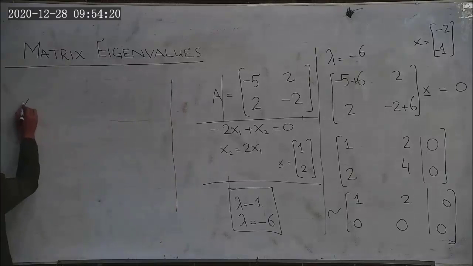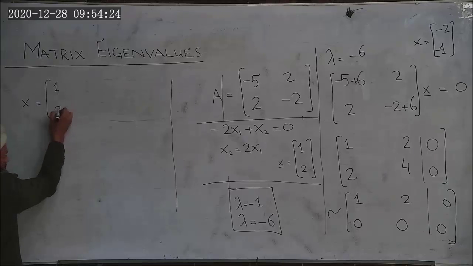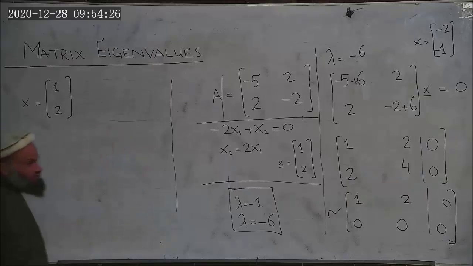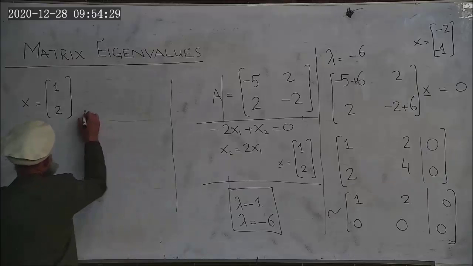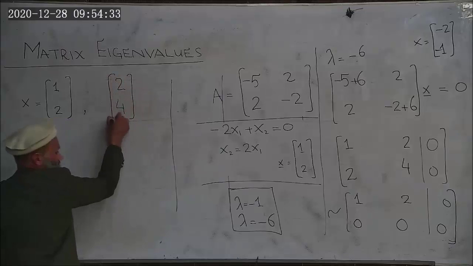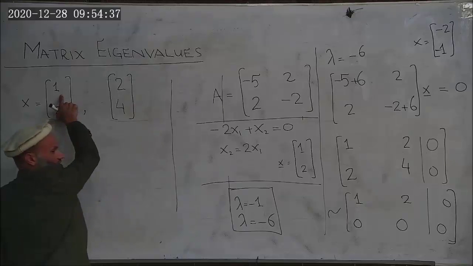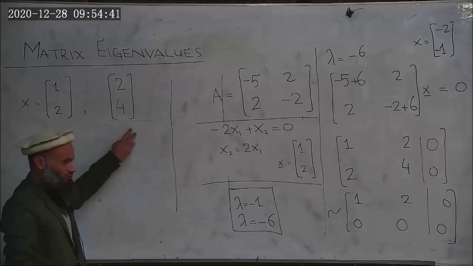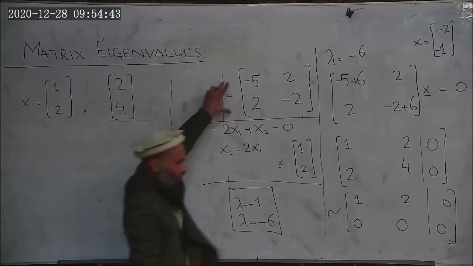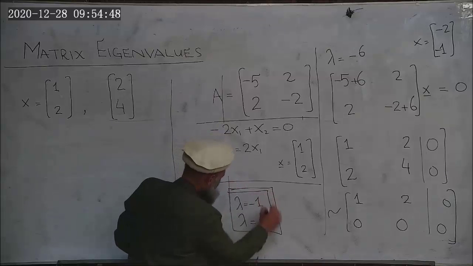For example, the first question is: is it an eigenvector of this matrix? The answer is yes. Similarly, any scalar multiple of this vector will also be an eigenvector for this matrix corresponding to this eigenvalue.